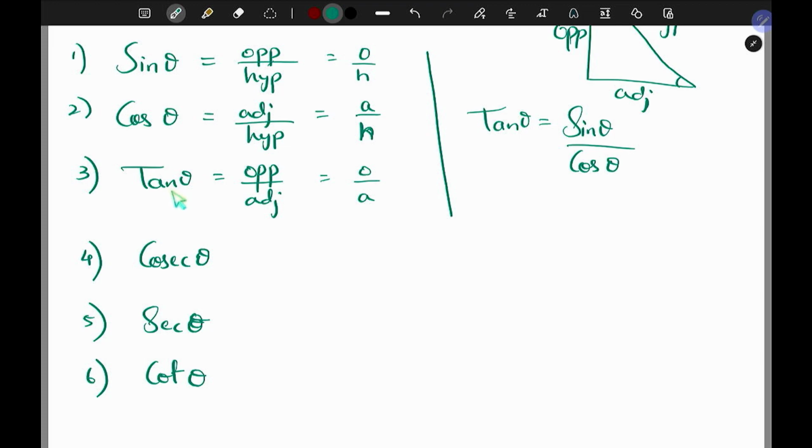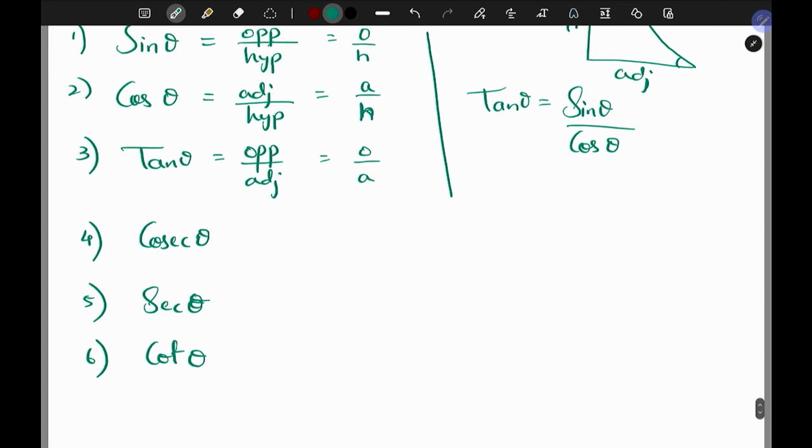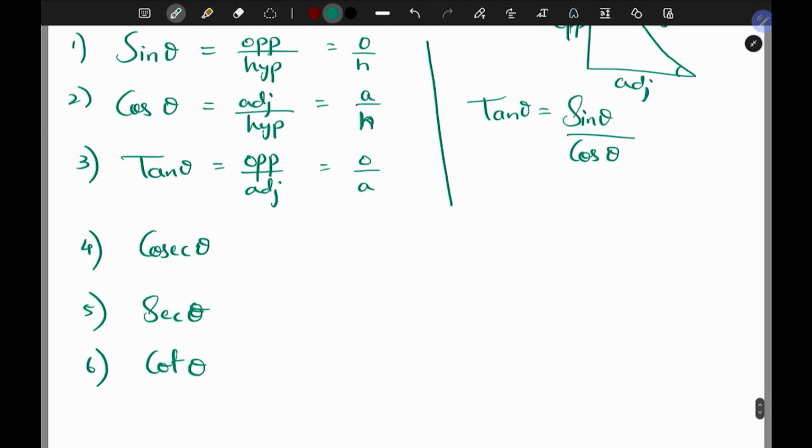Tan is called tangent and cot is called cotangent, but you just say cot. Alright. Now, these formulas, no need to memorize them. You can get them from the above 3 formulas. How simple. Trigonometry is very simple.